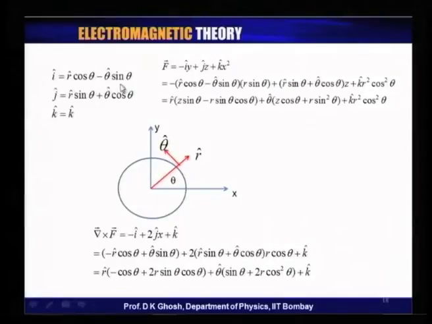I write down i in terms of the radial direction unit vector r and the tangential direction unit vector theta. The k direction remains the same. This incidentally is known as the cylindrical coordinate system, about which we will be talking in our next lecture. So, you write down f and del cross f using this.